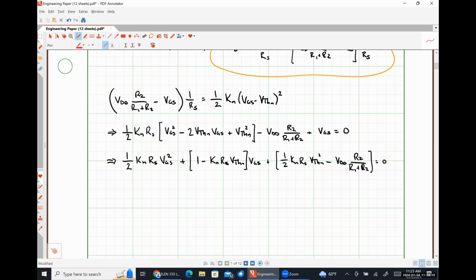And so I am going to call this coefficient here A.